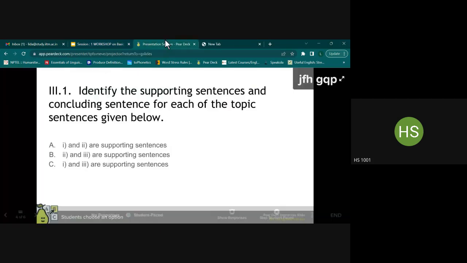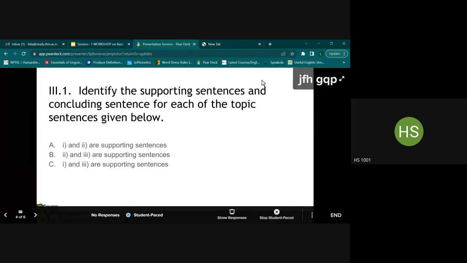Do you see a changed slide here, or is it the same slide? It's the same slide. Ma'am, same slide. Okay. Joe, did you have a question?